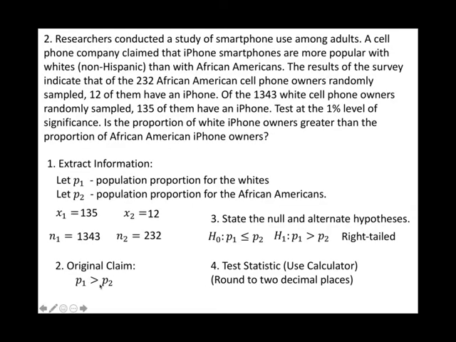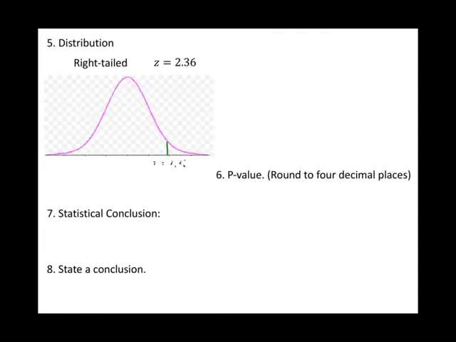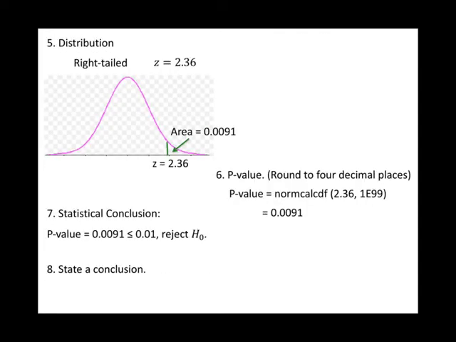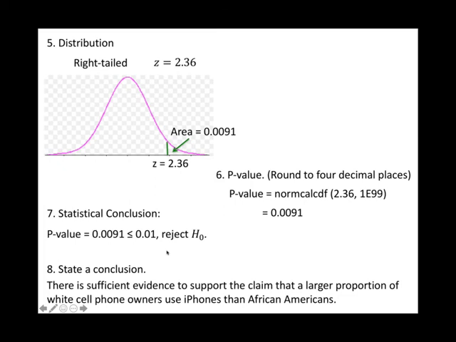So we have the original claim as the alternate hypothesis, so that will be either number 3 or number 4 conclusion. And we have reject, so that will be the number 3 conclusion. There is sufficient evidence to support the claim that a larger proportion of white cell phone owners use iPhones than African Americans.